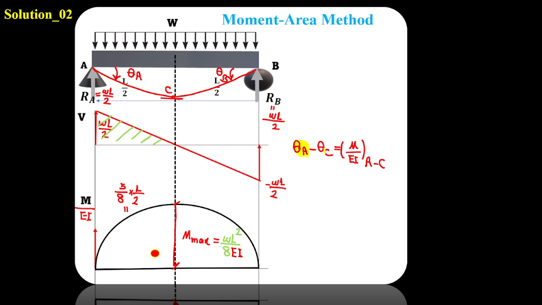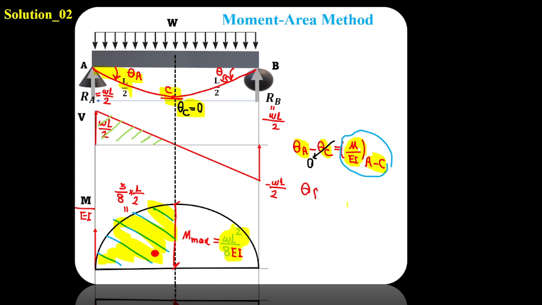Theta A minus theta C, and you can easily see theta at C is 0, is the M over EI area from A to C. Theta at C is equal to 0, and the area under M over EI is two thirds of L over 2 times two thirds of wL squared over 8EI.